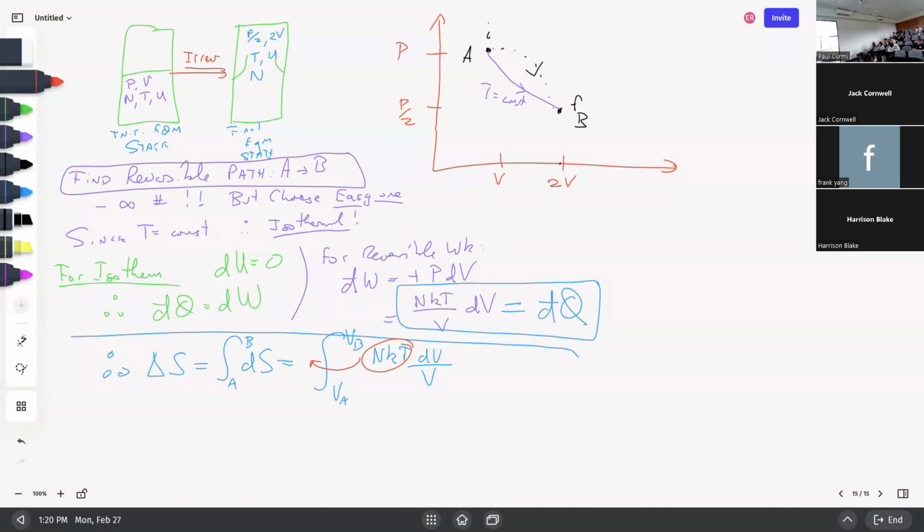And this is going to be equal to nkT natural logarithm of V_B, which is 2V, over V. And so my change in entropy is equal to nkT natural logarithm of 2. Okay?